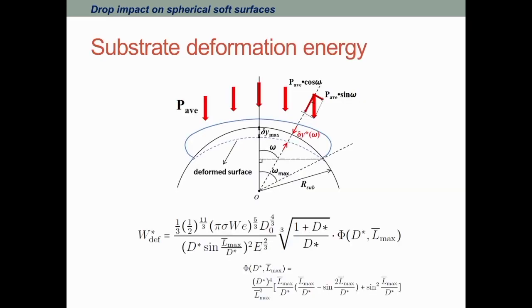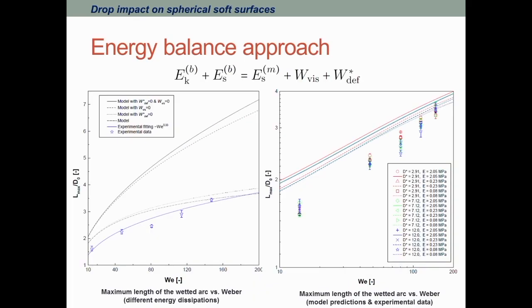And we also tried to use a theoretical model to estimate how much energy is dissipated due to the deformation of the substrate. We use a simple energy balance approach. So here you have the energy dissipation due to the viscous force, and you have the energy dissipation due to the deformation of the substrate. This solid line represents the prediction considering both dissipations.